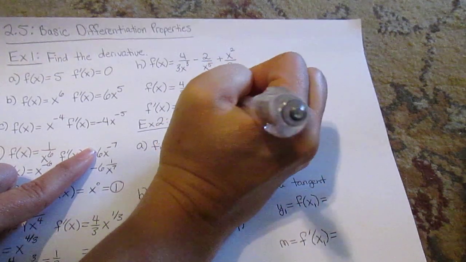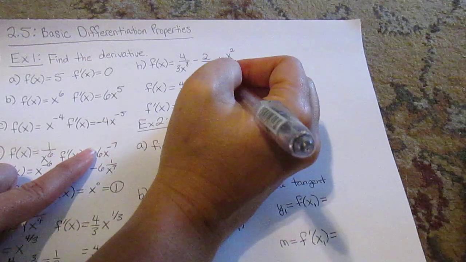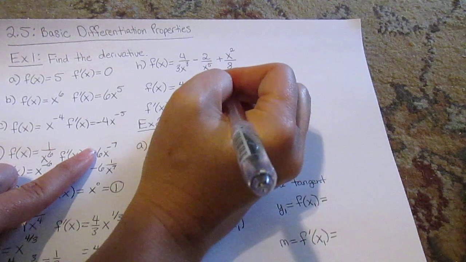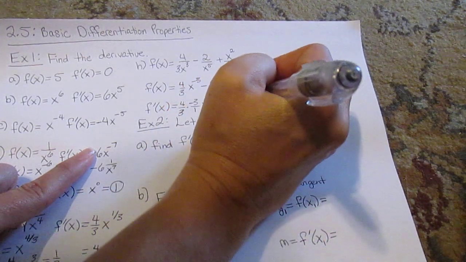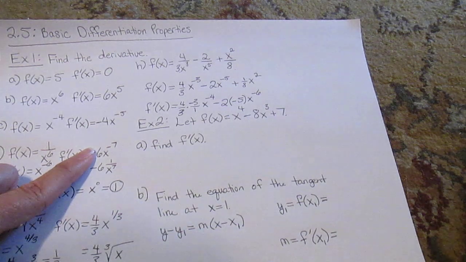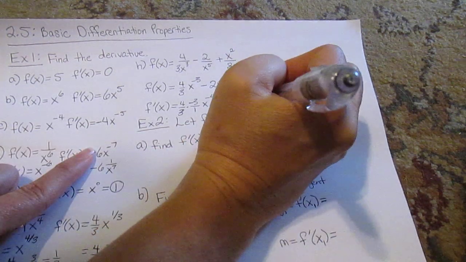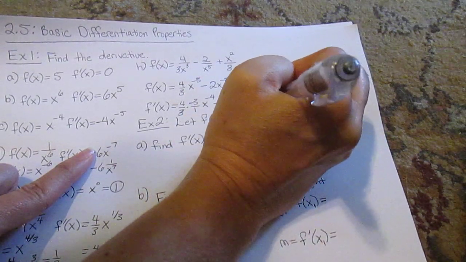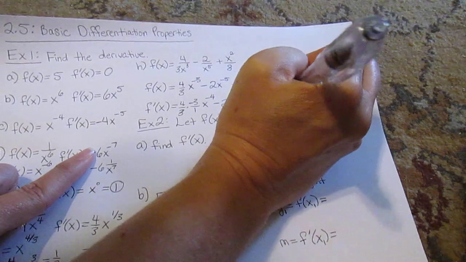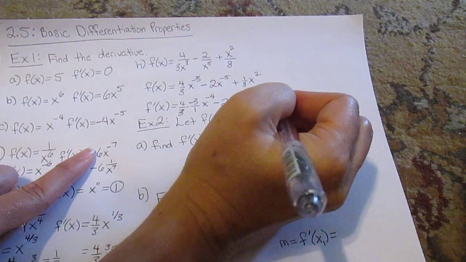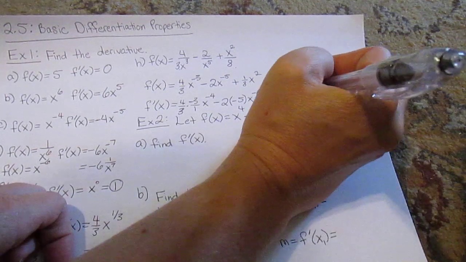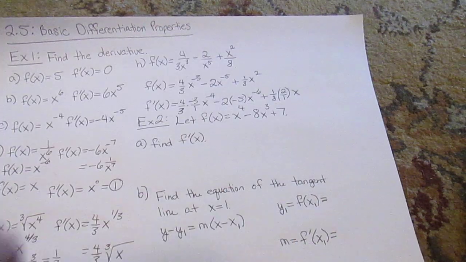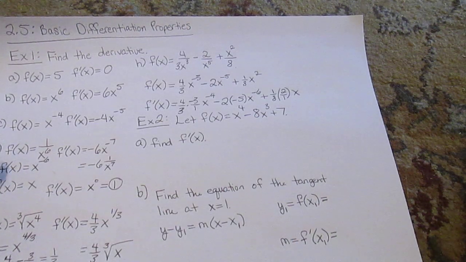Minus 2 times, bring the -5 down, x, subtract 1 from the power, so -6, plus 1/8 times, bring the 2 down. Again, I put it over 1 since we've got fractions here to make it look a little nicer. And then x, subtract 1 from the power, well then that's just 1, so I don't even need to write it.